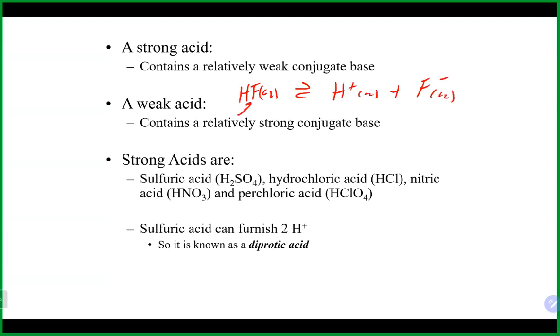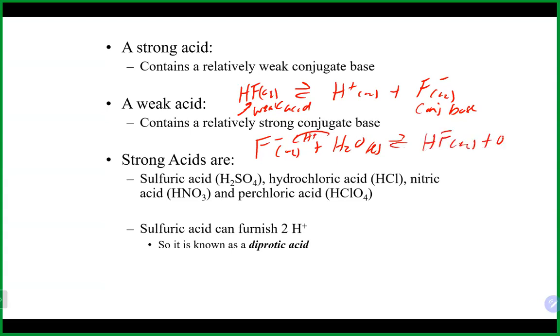This guy is a weak acid, and this would be its conjugate base. What we mean by relatively strong is that this F minus, when created in solution, will go and react with water, act as a base and accept an H plus, and it will make HF and some hydroxide.